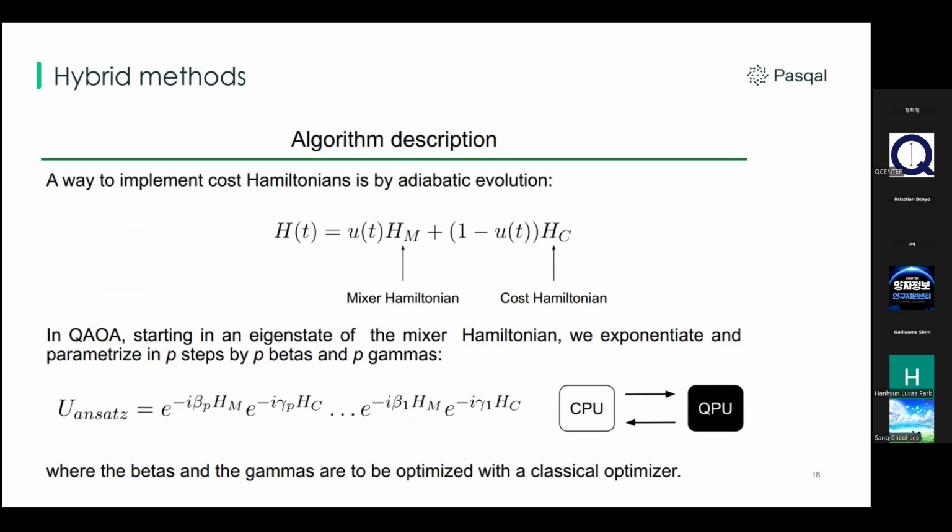In the case of an adiabatic evolution, the idea was to start from an initial known Hamiltonian and then move progressively towards the target Hamiltonian, taking your time to ensure that your solution stays at the ground state at each evolution step.